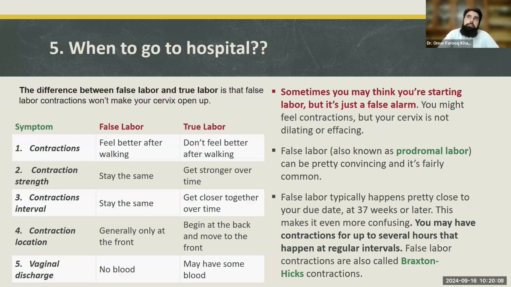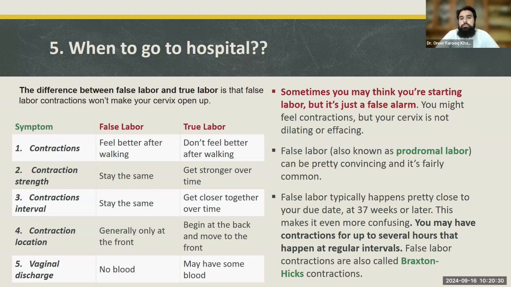So, if a woman feels that her labor has started, then she should know when to go to hospital. It is very, very important that the woman in her last trimester is taught to understand all of the changes happening in her body. So the difference between false labor and true labor should be known by the woman.